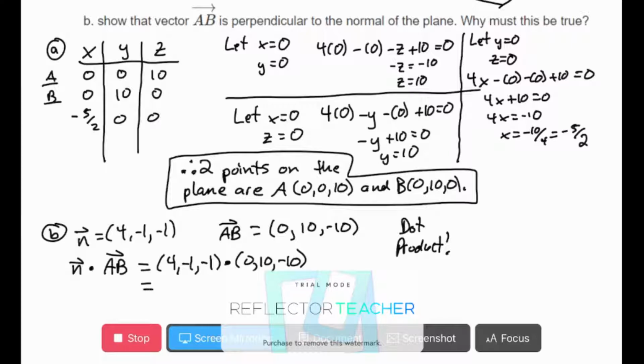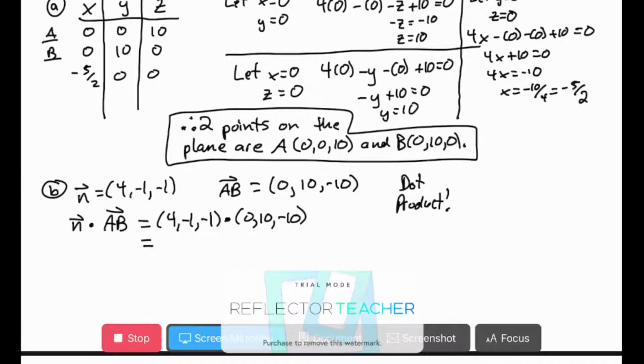Remember, we find the product of each component, the x, y, and the z, and add them. So 4 times 0 is 0, plus -1 times 10 is -10, plus -1 times -10 is 10. And we see pretty quickly that n dot AB equals 0.